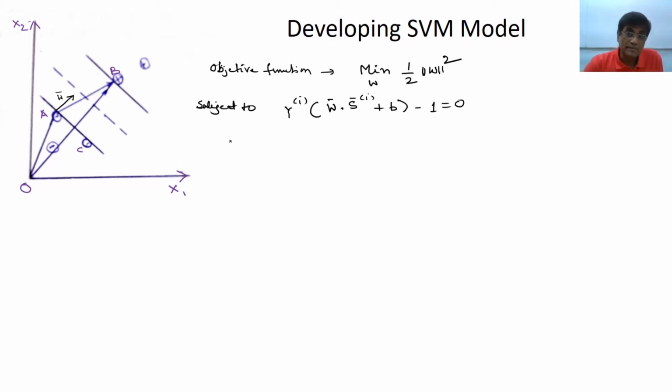Now we need to solve this problem, okay? Because W, b, nothing is known to me yet. But this is a very standard problem now to solve. To solve this problem, you know what we need to do.